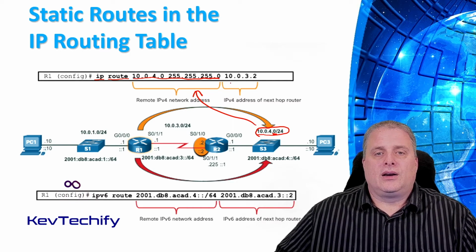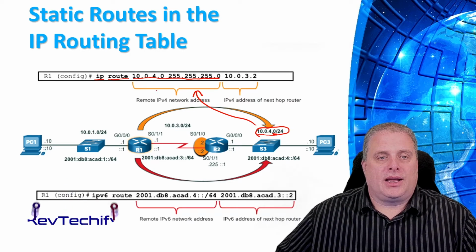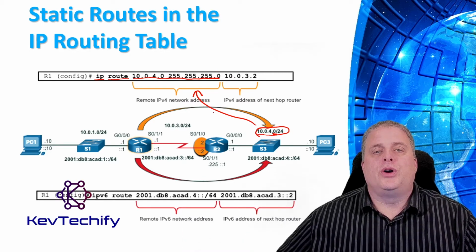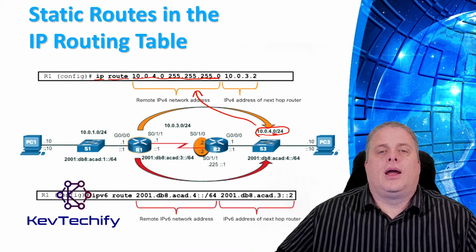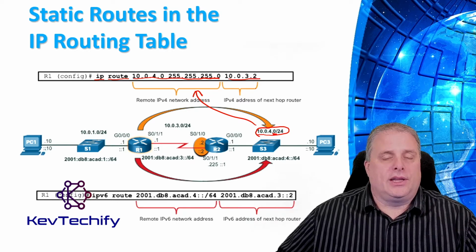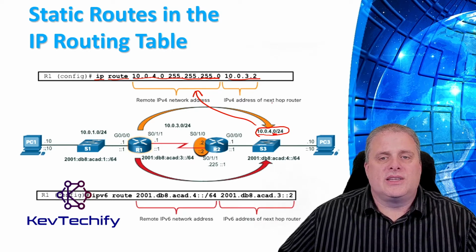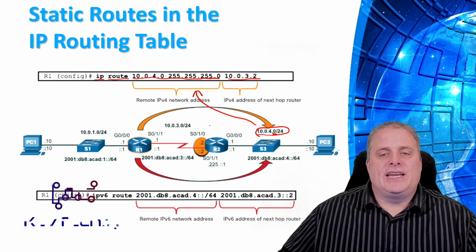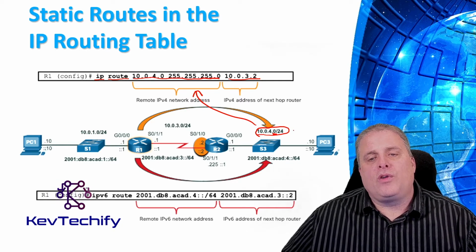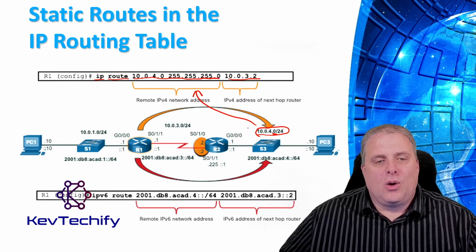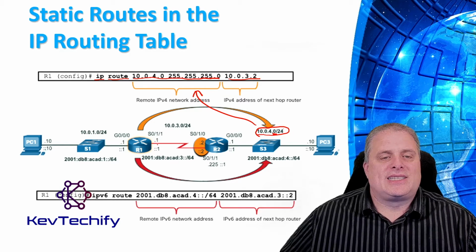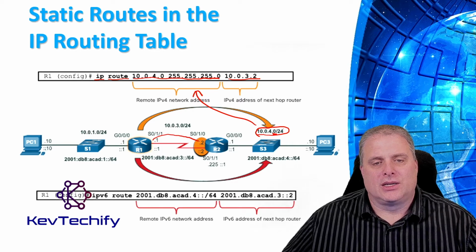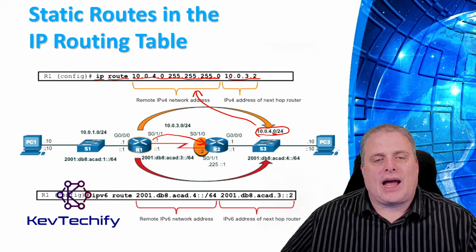And then the last part, after you put the remote network, you put how to get there. In this example, we're using the next hop router. So to get to this network way over on the right side, what R1 is going to do is send it to the IP address on a network I am connected to.